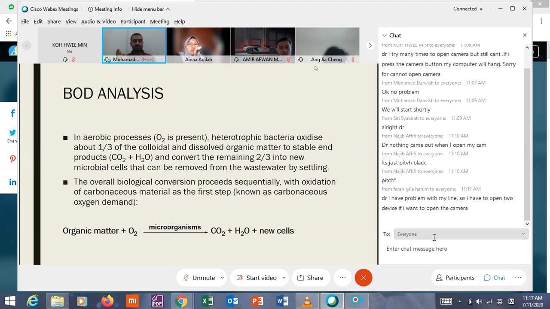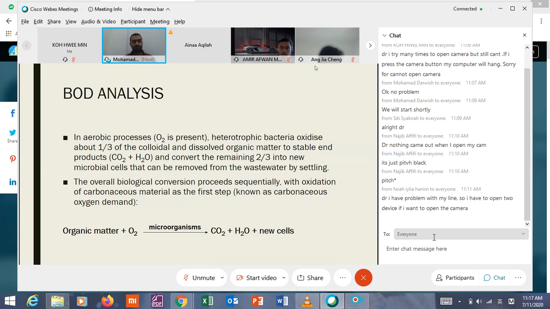This heterotrophic bacteria, in the first stage, will deal with the organic carbon in two ways. First, it will decompose one third of the colloidal and dissolved organic matter into CO2 plus H2O. The other portion, 2/3 of the organics, will be converted to new microbial cells.